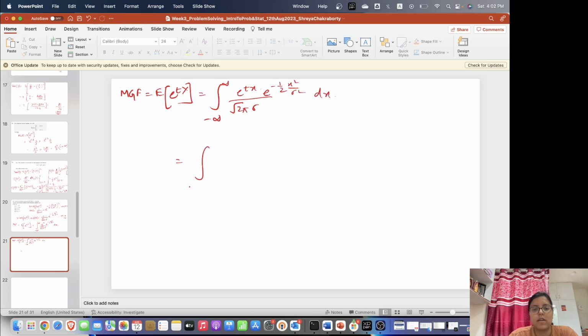So this we can write as integral of e to the power tx minus half x square by sigma square dx.